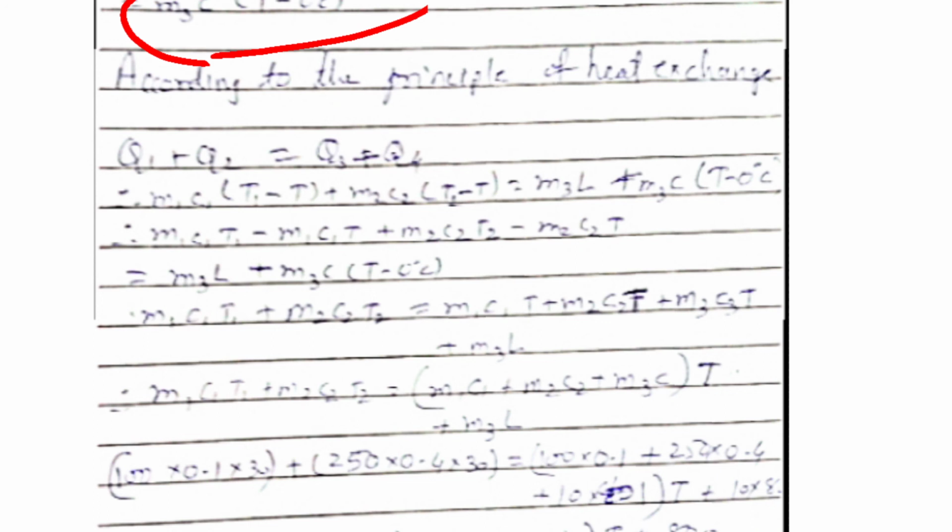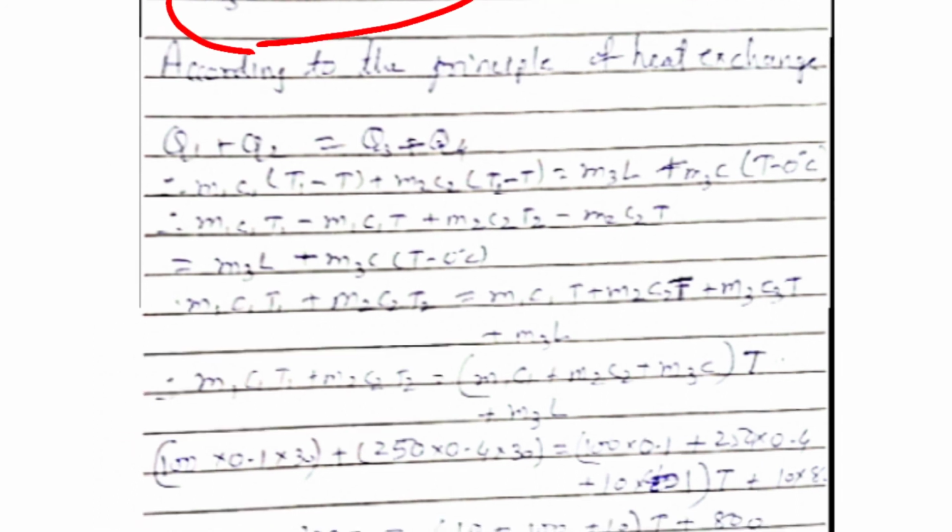So you have M1C1T1 minus M1C1T, plus M2C2T2 minus M2C2T. This is the left hand side, and the right hand side will be M3L plus M3C into T minus 0. You can directly write T also there, right?